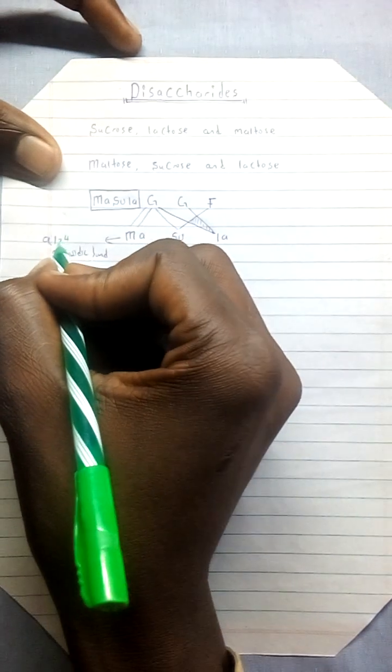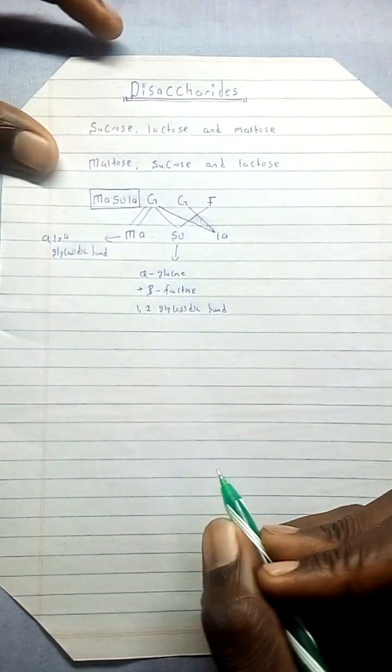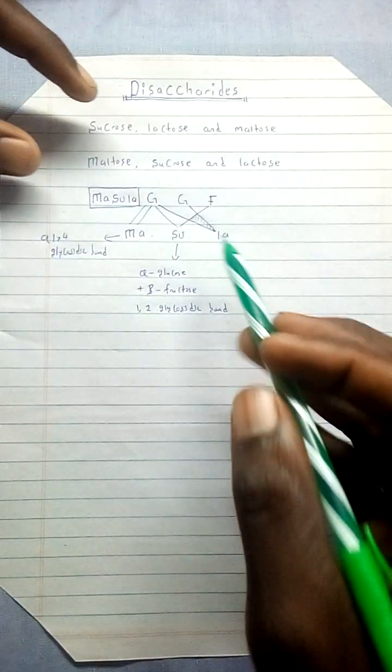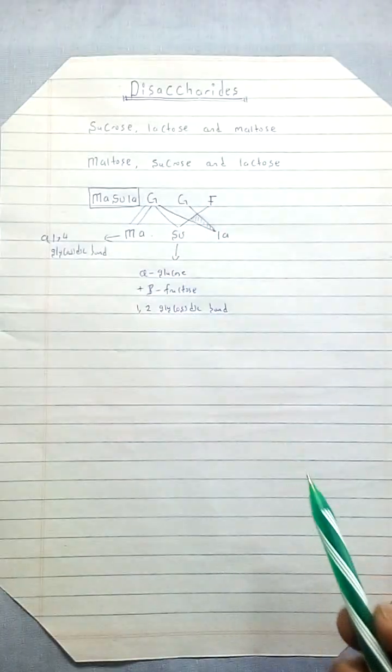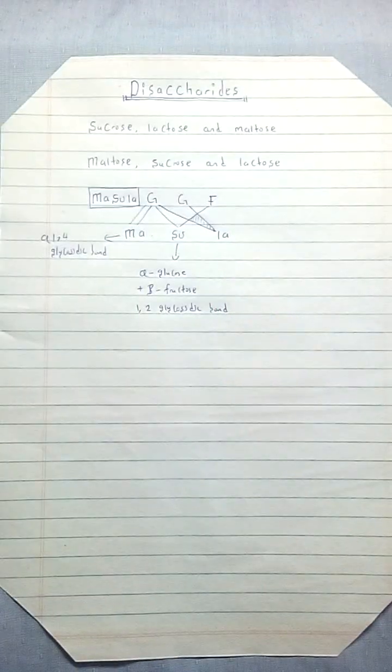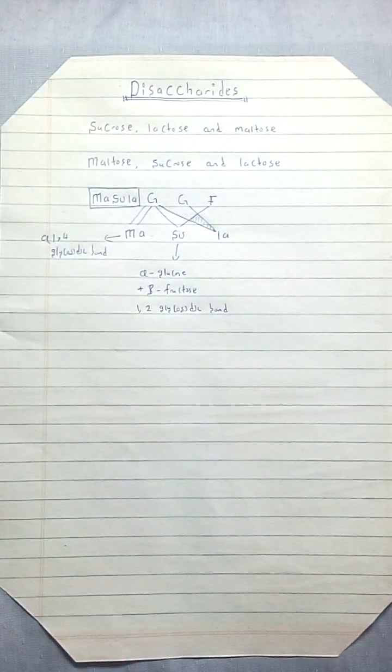Even this one you can just put a comma, it's still fine. Well, what about for this one? This is lactose, which is made up of glucose and galactose. But what type of glucose? For this one it is optional: you can have either alpha glucose or beta glucose.